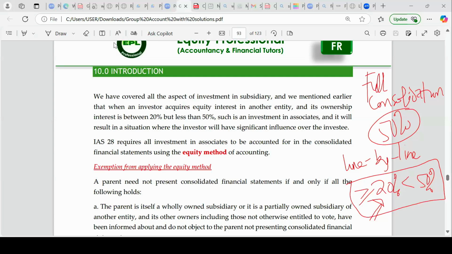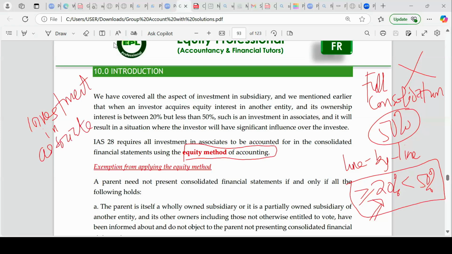First of all, investment in associate will be accounted for using what is called the equity method of accounting, meaning we are not going to do full consolidation. Instead, we are going to increase our investments in associates with the share of profit in associates minus any impairments.